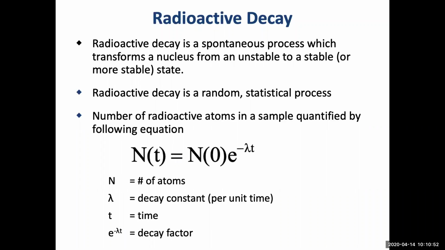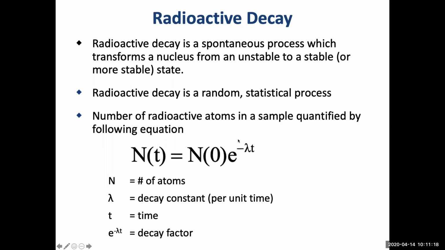Although it is a random statistical process, the rate of decay for a given isotope can be quantified using the exponential equation here. Herein, we can see the number of atoms at any time in relation to the number of atoms initially present, multiplied by a decay factor, e to the minus lambda t.